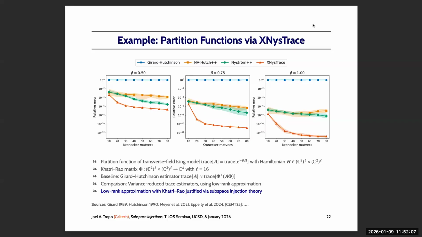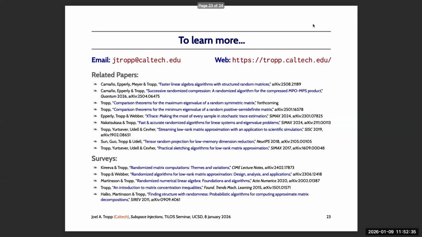And this concept of a subspace injection allows you to analyze linear algebra algorithms and guarantee that they work. It gives you a mechanism for proving that the dimension reduction maps meet the requirements to implement those algorithms. And there are a range of applications in modern scientific computing and related areas that benefit from this work. Okay, there are a bunch of papers, and that's it for me. Thank you.